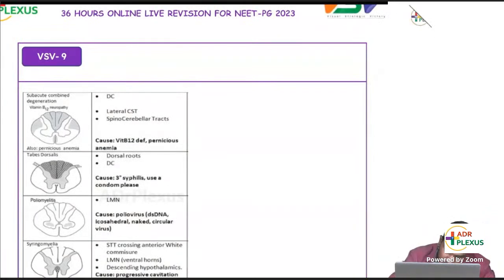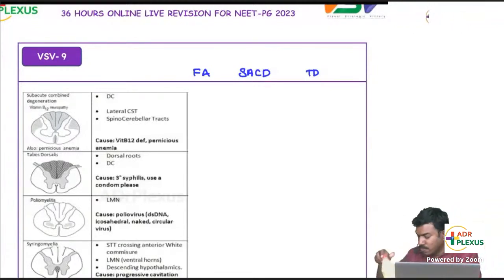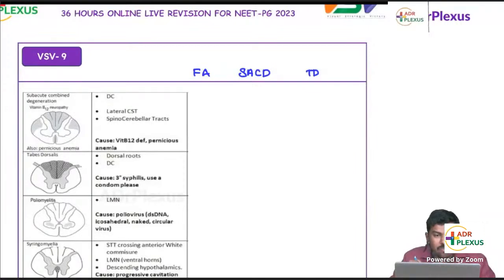One is your Friedreich's ataxia, then subacute combined degeneration, and the next one is tabes dorsalis.